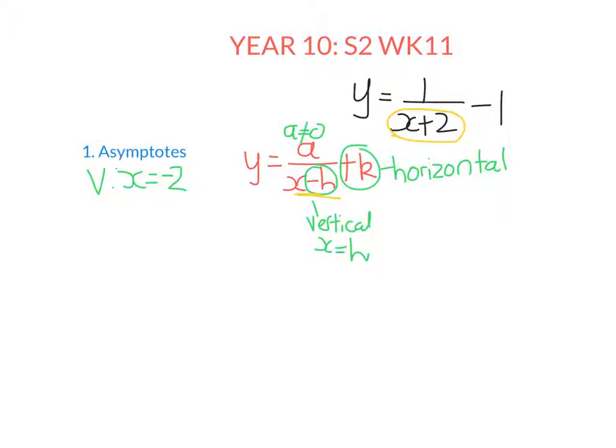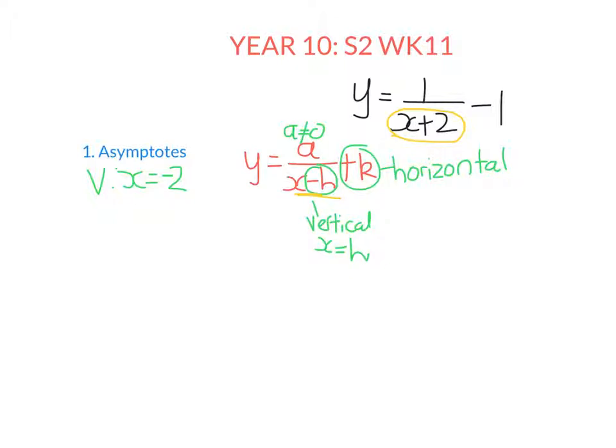So if a doesn't equal 0, the whole fraction can't equal 0. If I look at this fraction here, 1 over x plus 2, I can't take 1 and divide by any number to get 0. There is no number x such that 1 divided by x is equal to 0. What that means is this whole fraction can't equal 0.